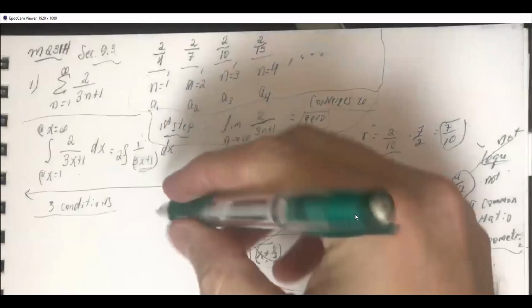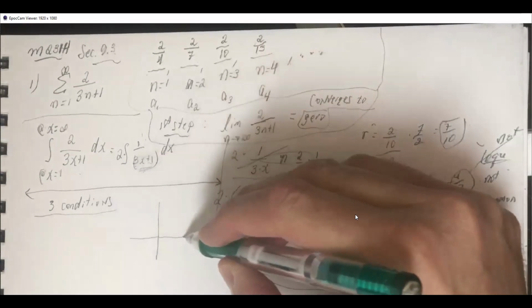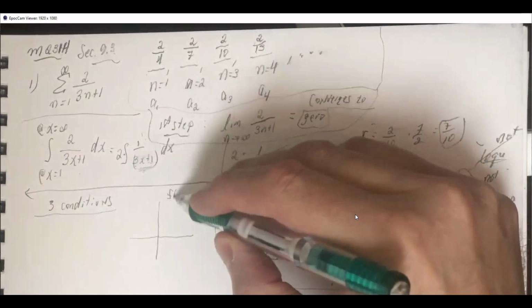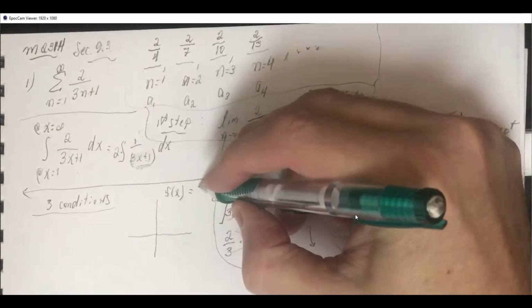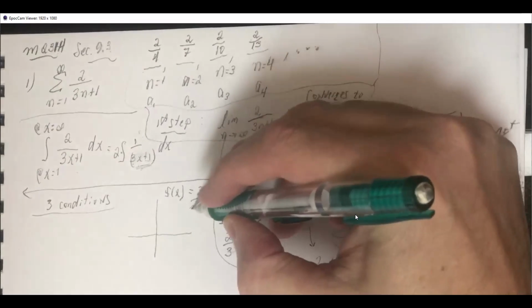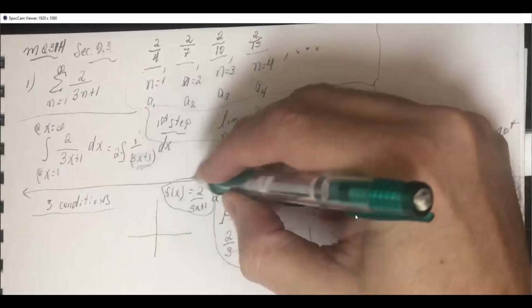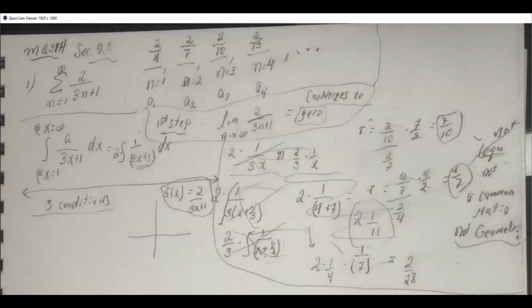And we were saying yesterday, we can determine this informally by just looking at the graph, which will be this 2/(3x+1). Then we'll make a little sketch of it, and then we will check those 3 conditions.